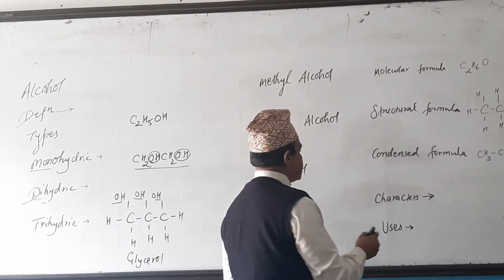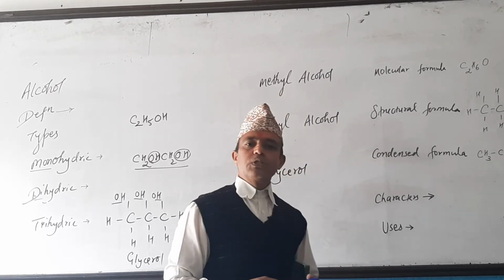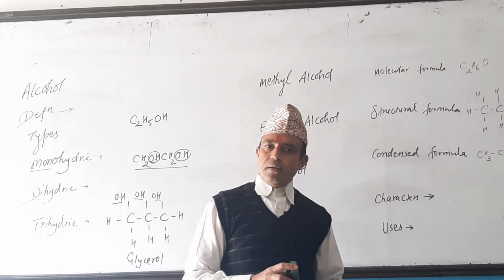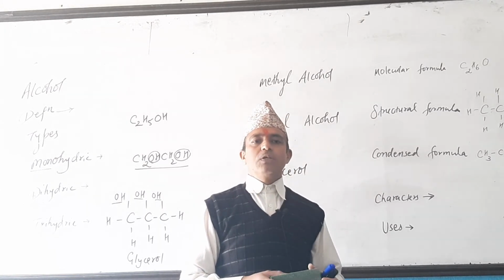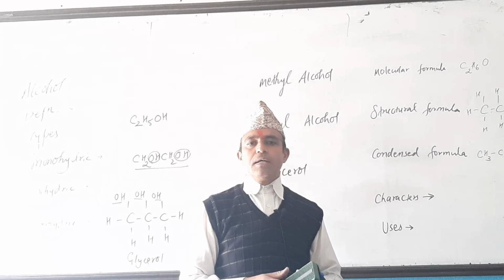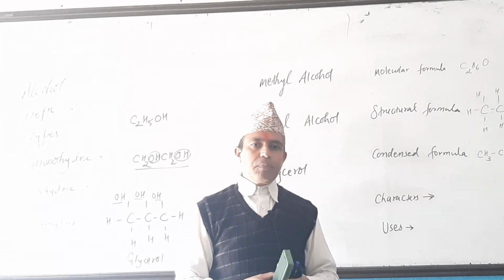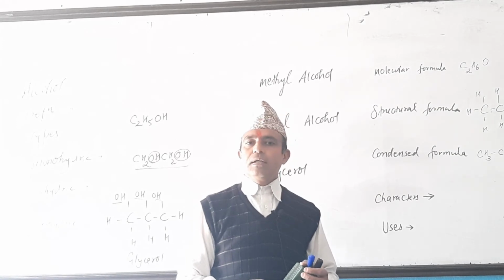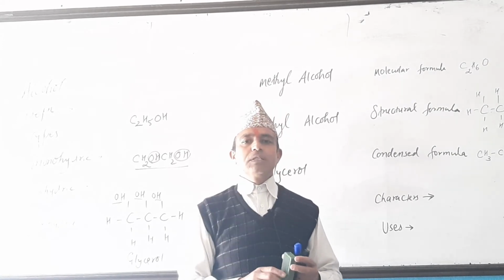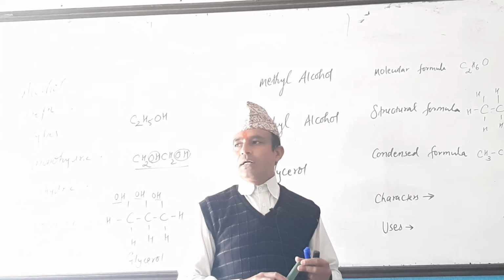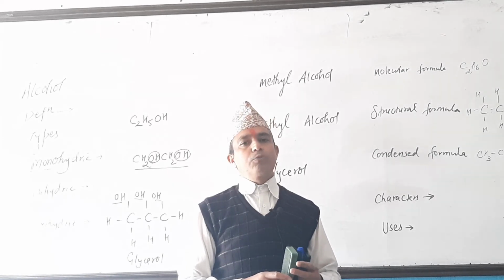And what are the uses of ethyl alcohol? Where is it used? Ethyl alcohol is used as a fuel. It can be mixed with petrol, then it burns and releases energy. And next important use is it is used in hard drinks.